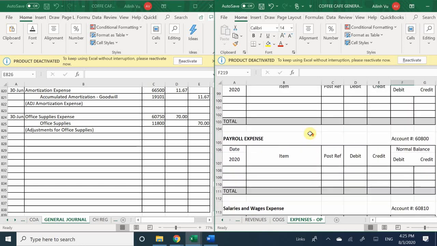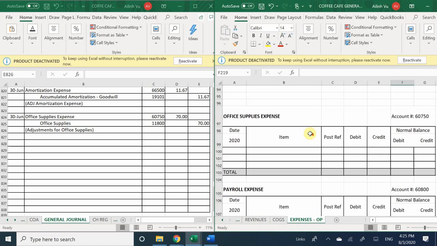Yeah, it's above payroll. Office supplies expenses, page 36. Good. Journal 20. Office supplies expense for $70. And we want to debit $70. Good.